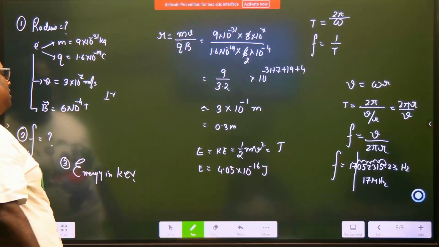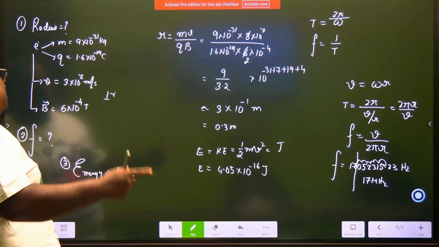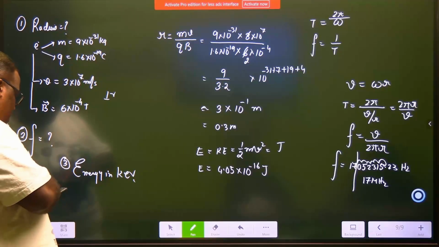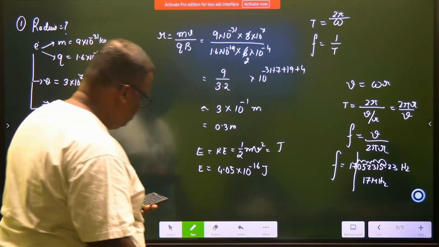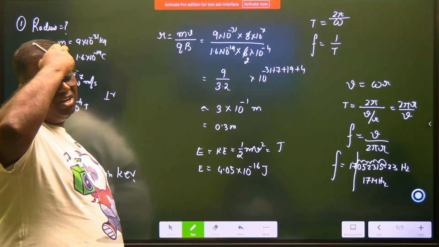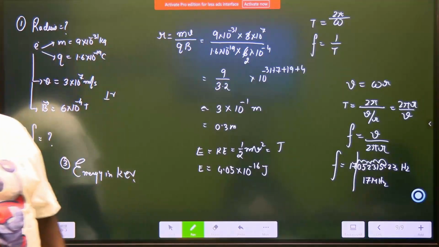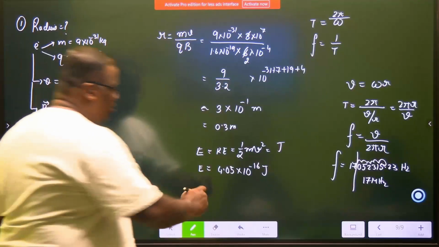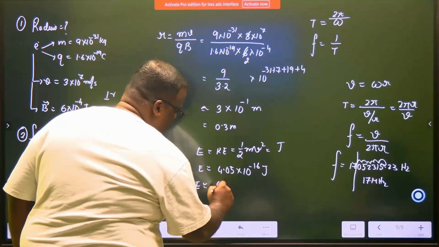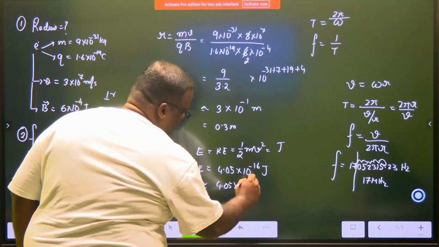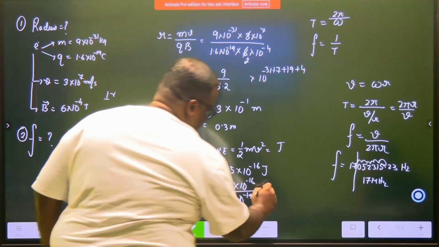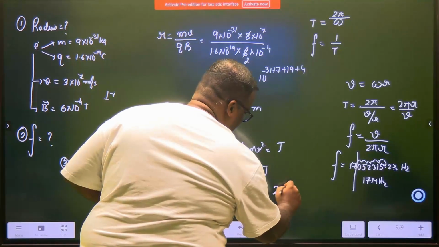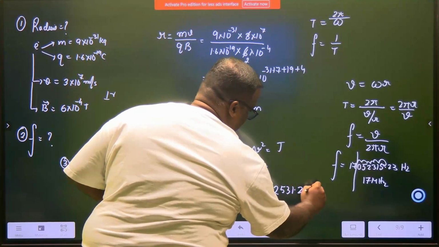So the energy is now equal to 4.05 into 10 to the power minus 16 divided by 1.6 into 10 to the power minus 19, which gives you 2531.25 electron volt.